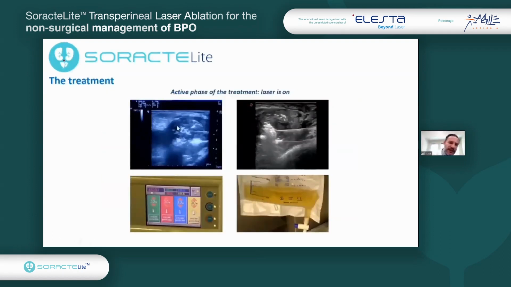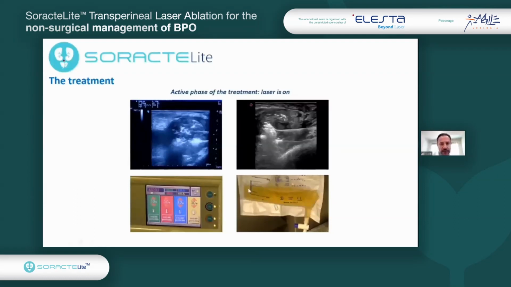And this is what we can see during the treatment. Once we start the procedure, we can see some bubbles generated by the high temperature that we reach inside the prostate. And this is also an image of the active treatment that we have on the screen.